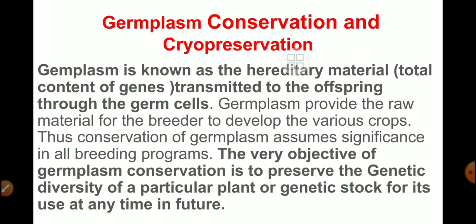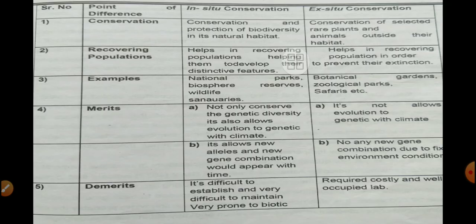It is the total content of genes which is transmitted from one generation to another through germ cells, so germ cells are nothing but the germplasm, isn't it? And the very objective of germplasm conservation is to preserve the genetic diversity of a particular plant or genetic stock for its use at any time in future.